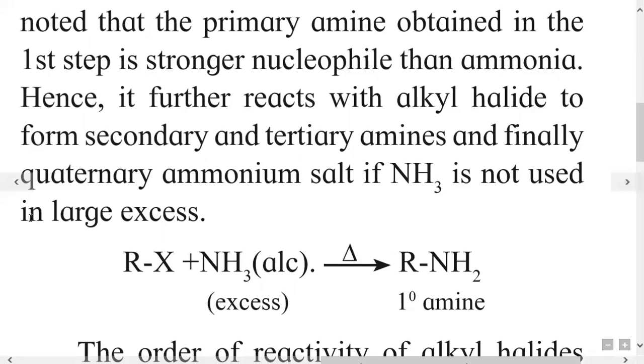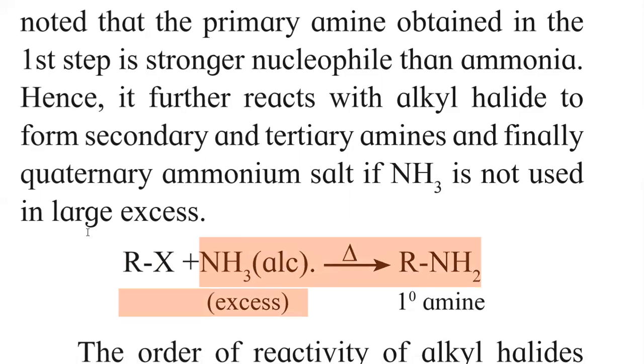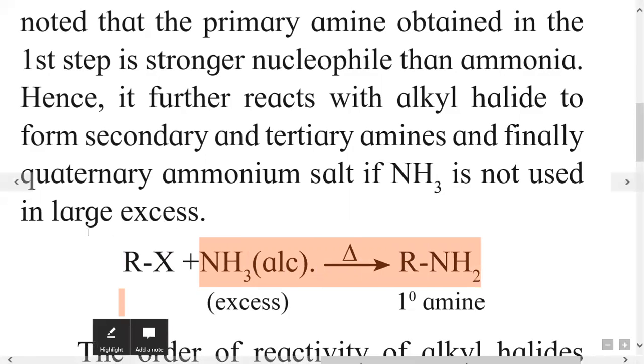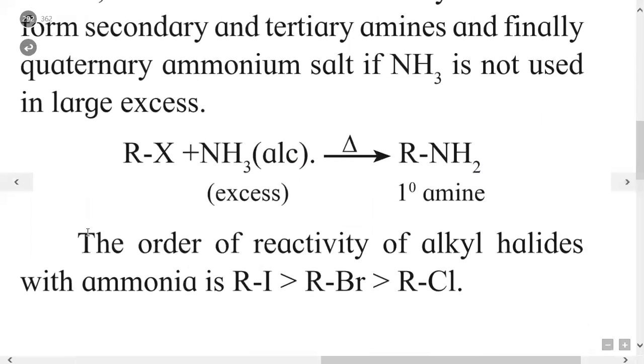ammonium salt. So the general equation is, we know RX is the general formula for alkyl halide. When it reacts with NH3, that is ammonia, in alcoholic medium, with excess quantity of ammonia, and this mixture is heated, we get RNH2, the general formula for primary amine.